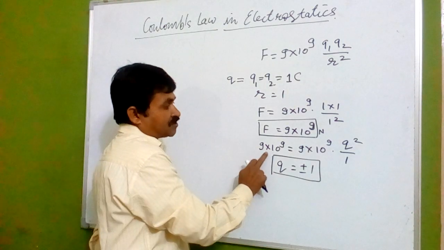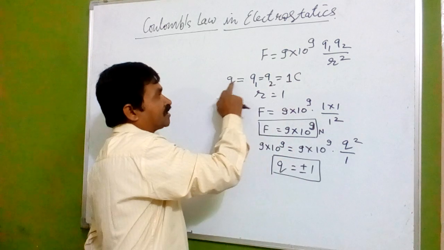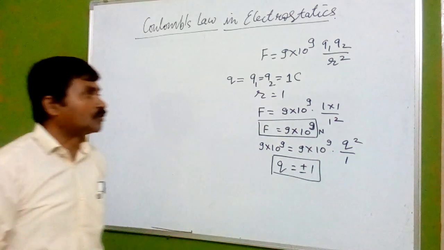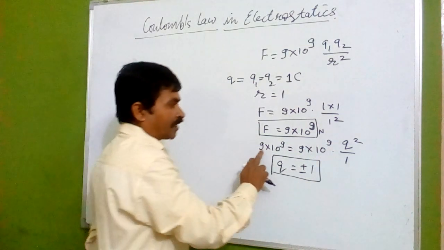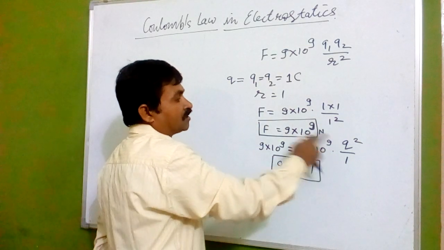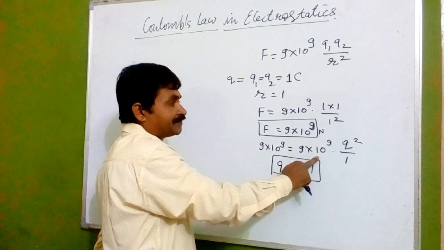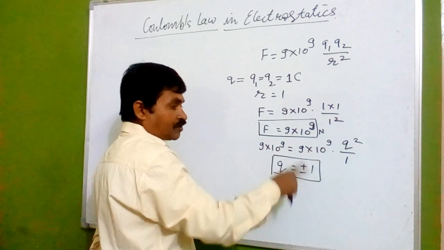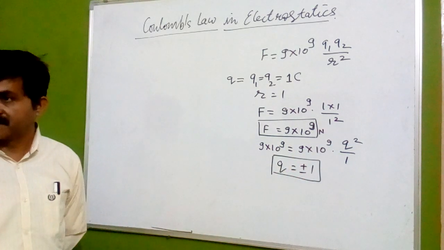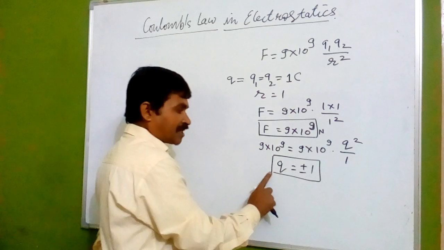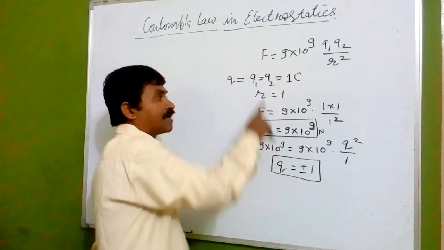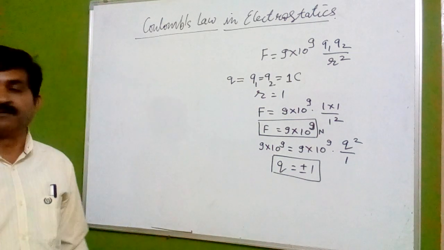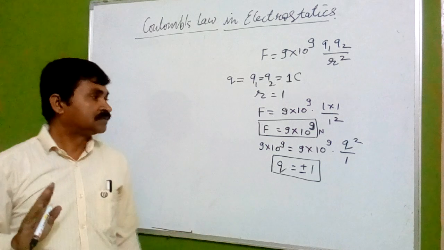Similarly, when I substitute this value and assume both charges of equal magnitude, Q into Q, that is Q square, then 9 into 10 raised to the power 9 into Q square gives Q square equal to 1. So Q is equal to plus minus 1. Here it may be a force of attraction as well as repulsion.